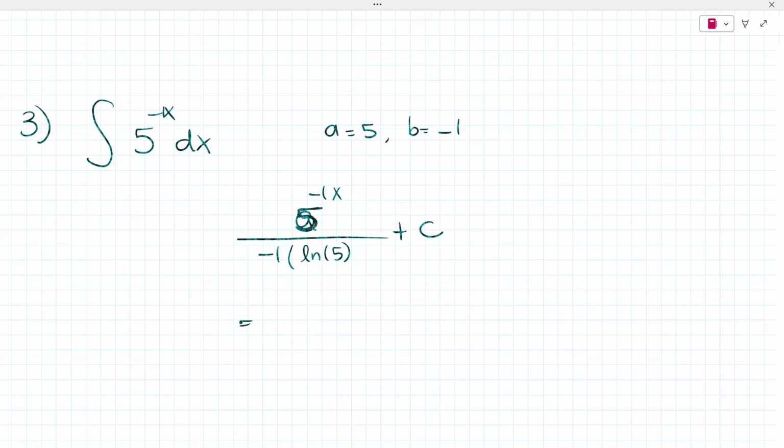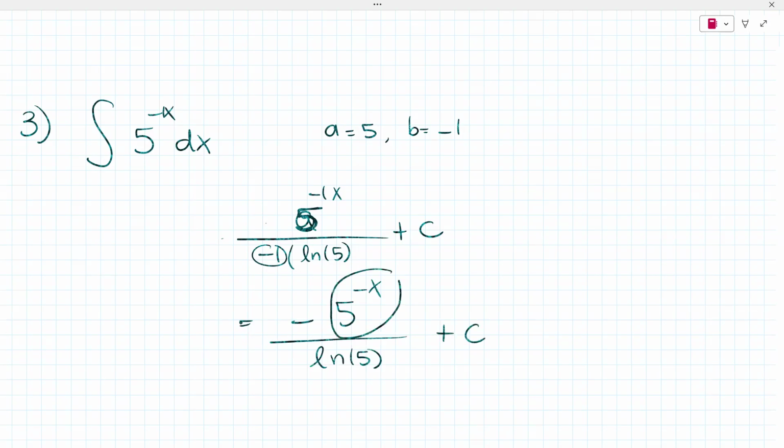And then that simplifies as, oh, my a is 5, so put 5 here. So that's going to be negative. I could put this minus right here, and then I could put it in the center or in front of 5. And then this is still negative x over ln of 5 plus c. Now, can we simplify this? Yes. You can simplify 5 to the negative x.